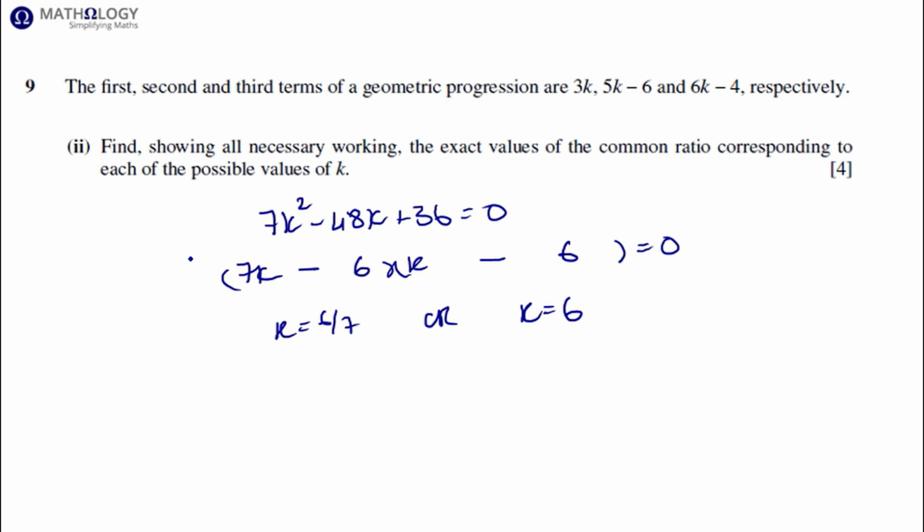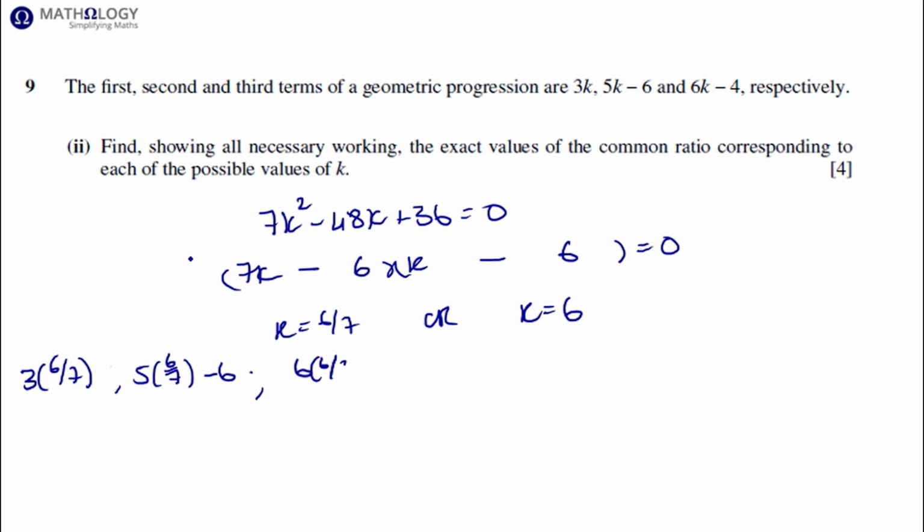So the terms will be 3 times 6 over 7, 5 times 6 over 7 minus 6, and 6 times 6 over 7 minus 4. So that's 18 over 7, minus 12 over 7, 8 over 7.